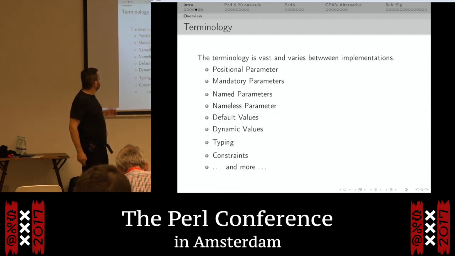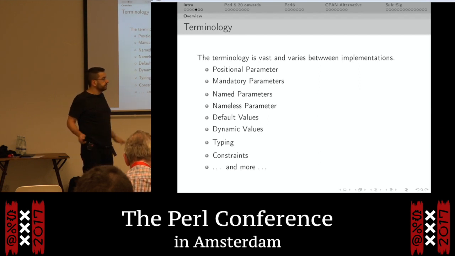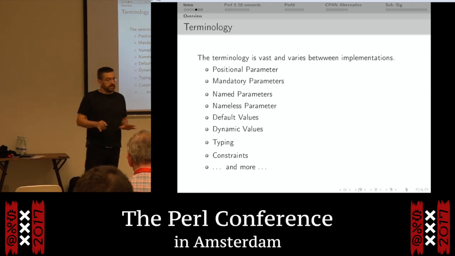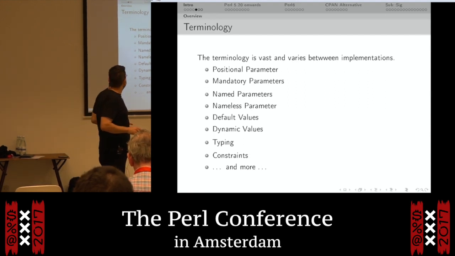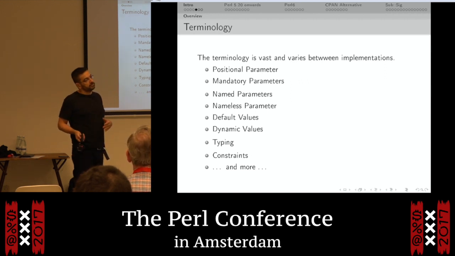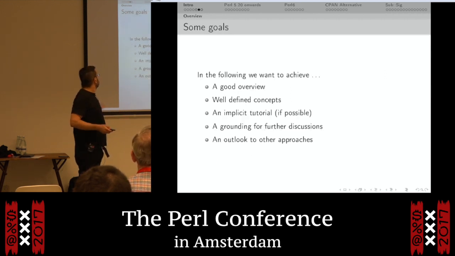The terminology for signatures is vast, and in order to give you a nice overview about the possibilities, I will have a mixed attempt. I will show you the features in 5.20, then contrast them to the features in 6, and show you what the CPAN offers and my own attempts.